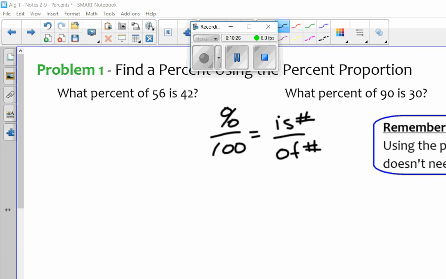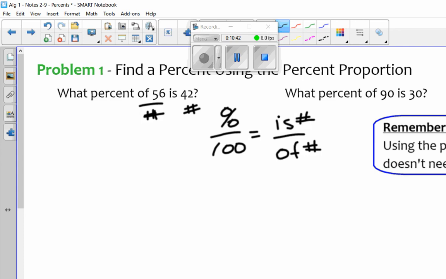Read it once again. What percent? That sounds like I need to find it. Of 56, I have an of number. Is 42, I have an is number.